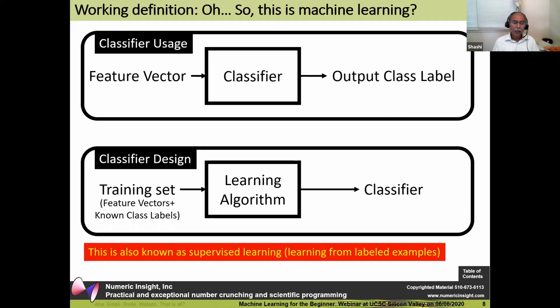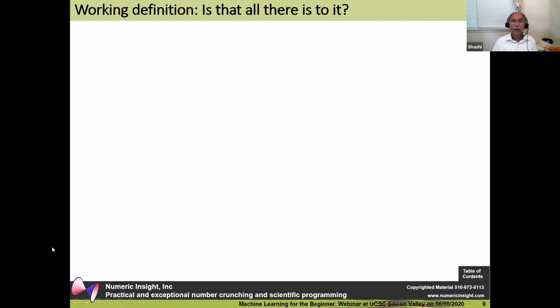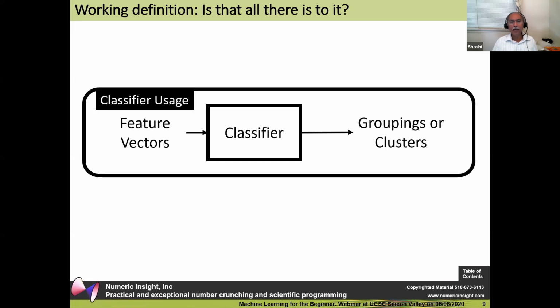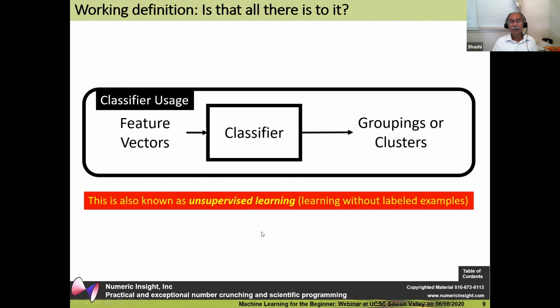Now, I also want to tell you that I have told you about supervised learning. There is something else, which is unsupervised learning. Unsupervised learning, or learning without labeled examples, takes feature vectors and passes them through a special type of classifier, which is not going to give you any labels.